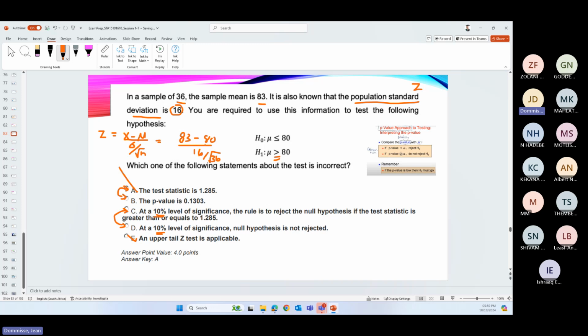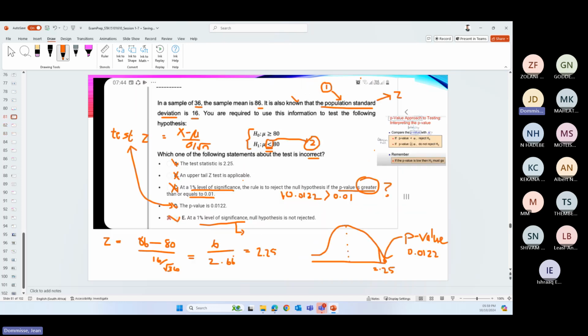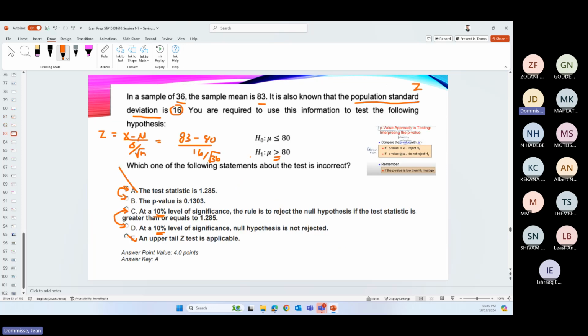The bottom part stayed the same in both; it's just the sample mean that has changed. So it is still 16 divided by 6, multiplied by 3. So I get that our test statistic must be 1.125. That means option A is the incorrect one.